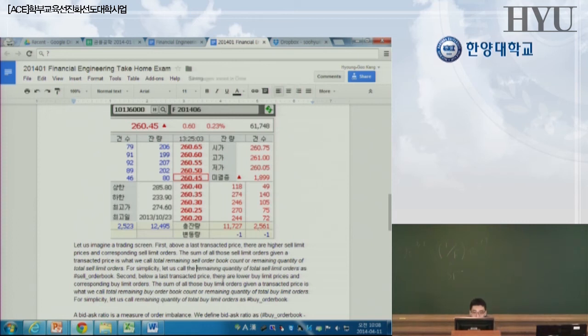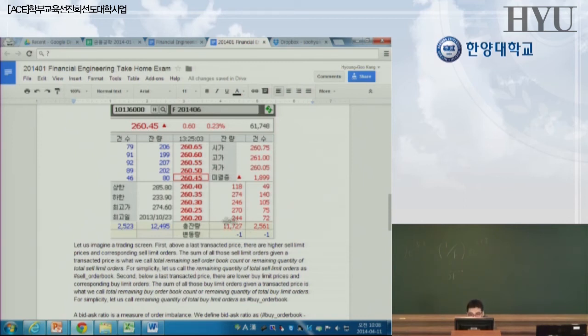Second, below the transacted price, there are lower buy limit prices and corresponding buy limit orders. We only see the top 5 here, but if we add all the buy limit orders, we get 11,727.